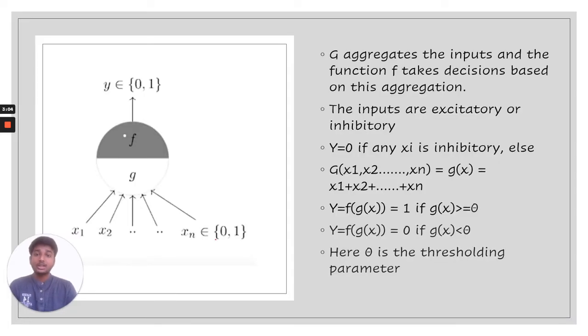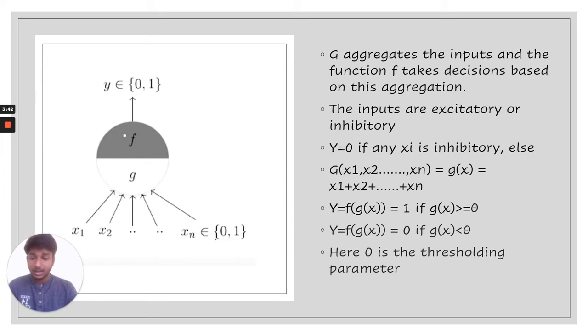Okay, let's see how the McCulloch-Pitts model can be represented. Here x1, x2, x3 and so on up to xn are the inputs, and g is the aggregation, where it takes the decision whether the output should be fired or not, and f is the function where you calculate the values.